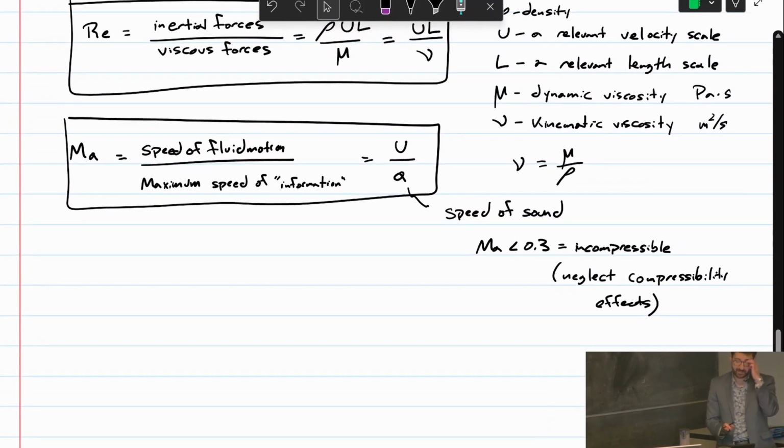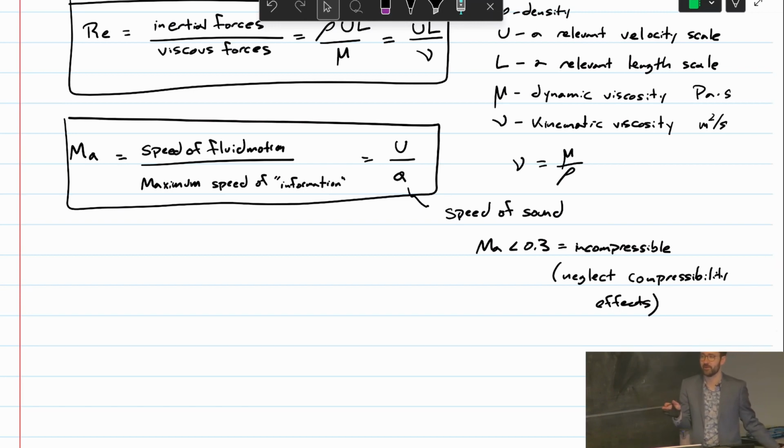See, in fluids, what this actually is when you have compressibility effects, it's a thermodynamic effect in your flow. And if you take a Mach number of 0.3, you get roughly a 10% error in those thermodynamic quantities. So that's where this 0.3 comes from, but I'm not going to do that in this course.